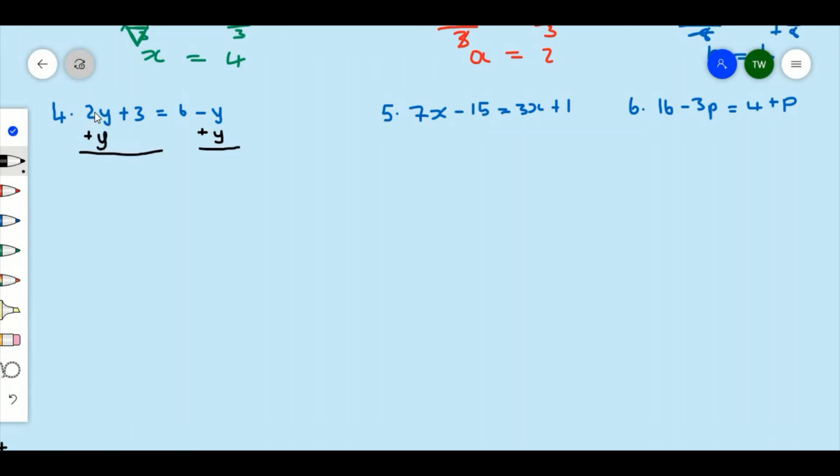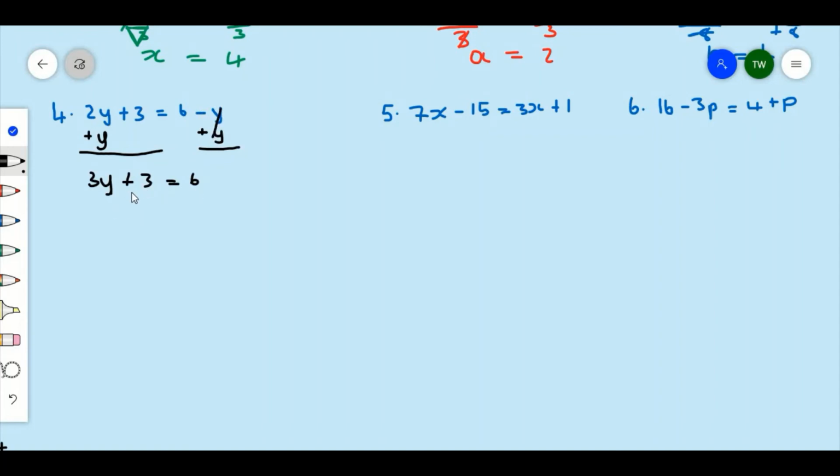Here, 2y plus y, that's going to give us 3y, plus our 3 here is equal to 6, because minus y plus y, that's a 0.